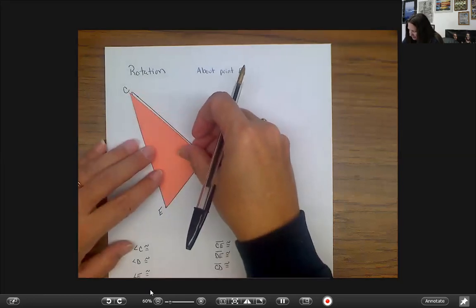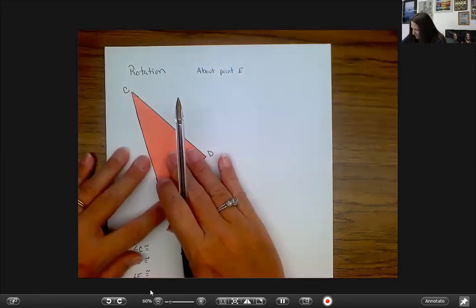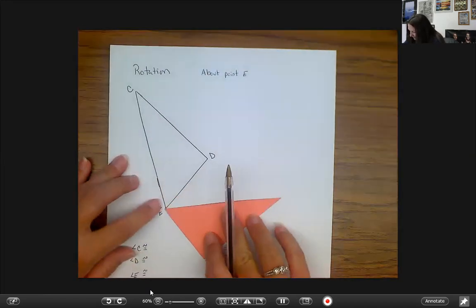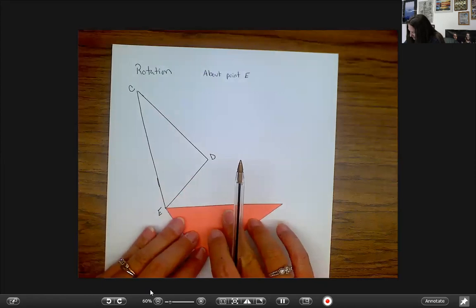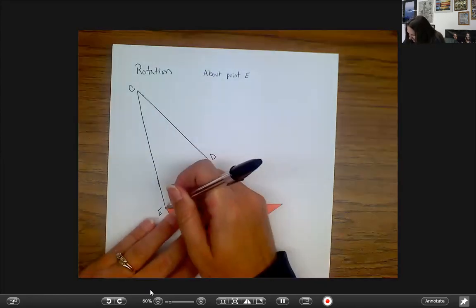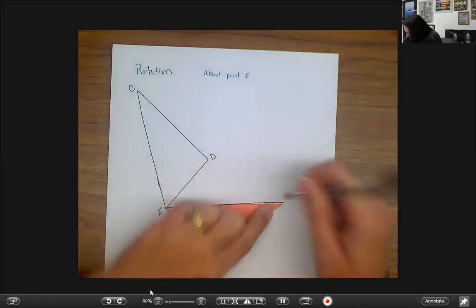So here's my triangle so that we can see that. This is what I'm starting with. And again, I'm going to rotate on point E. So I'm going to leave E fixed, and I'm going to rotate this out. I'm going to cover up my statements a little bit here when I set it up, but then it could rotate to this position here.